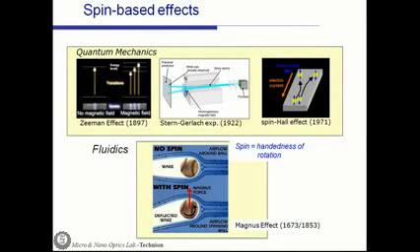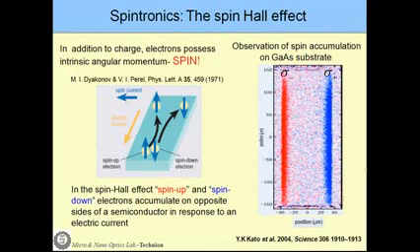There are many spin-based effects in physics, like the Zeeman effect, Stern-Gerlach, in solid state the spin Hall effect, and Magnus in fluidics.